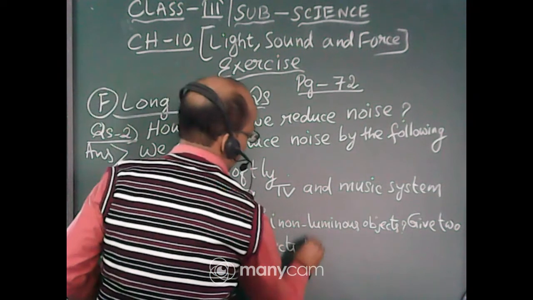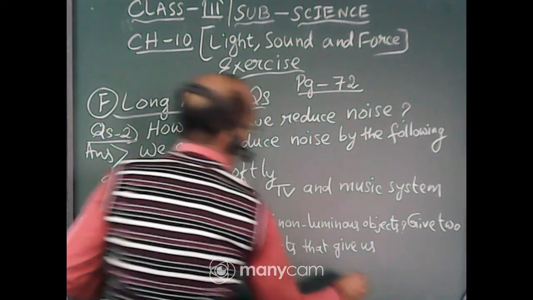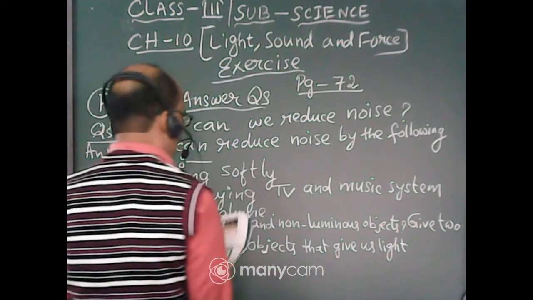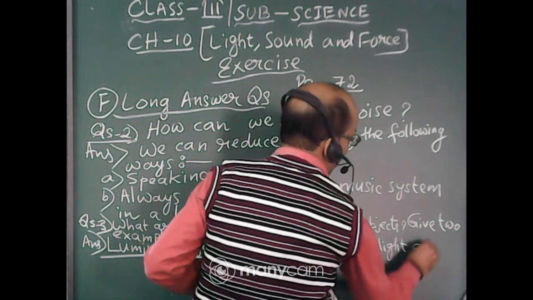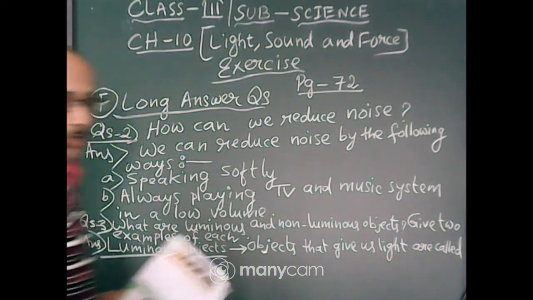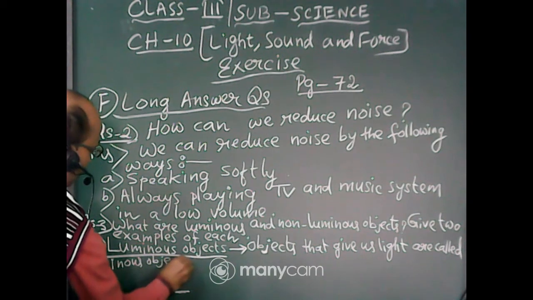Objects that give us light are called luminous objects.